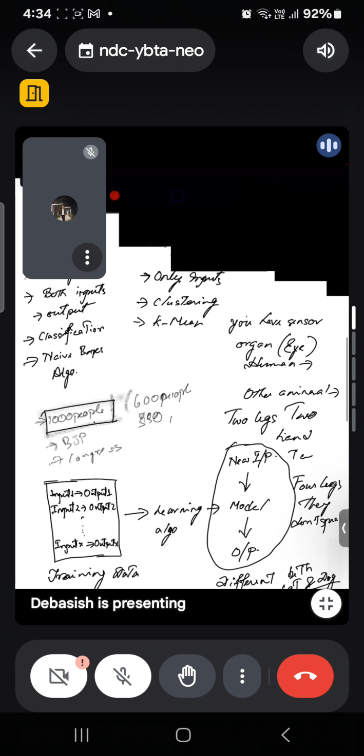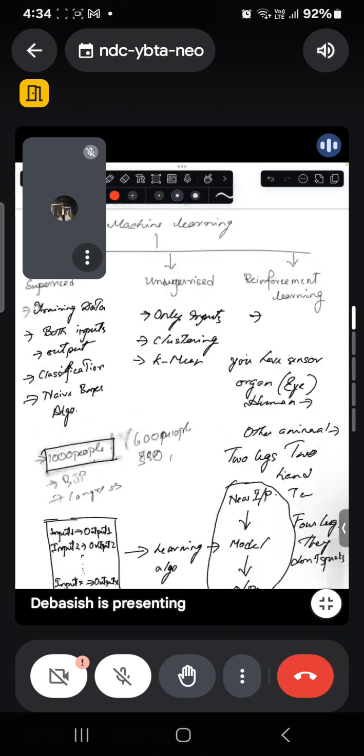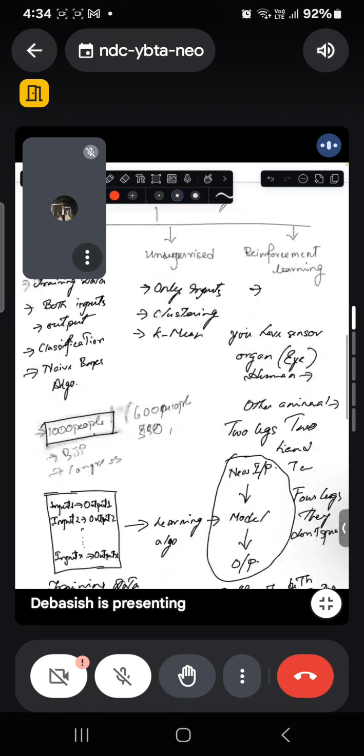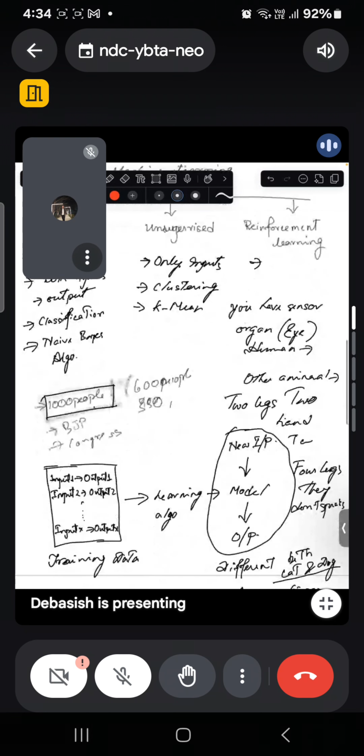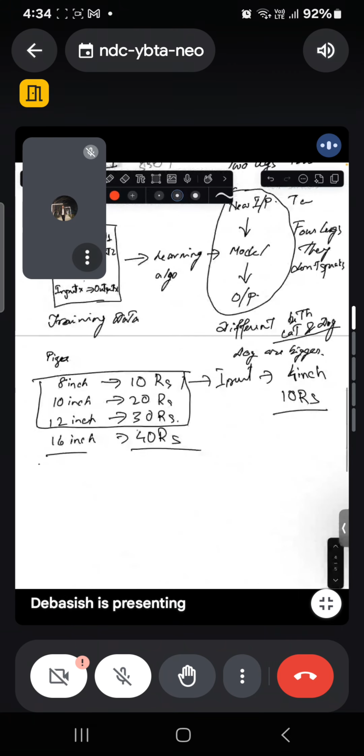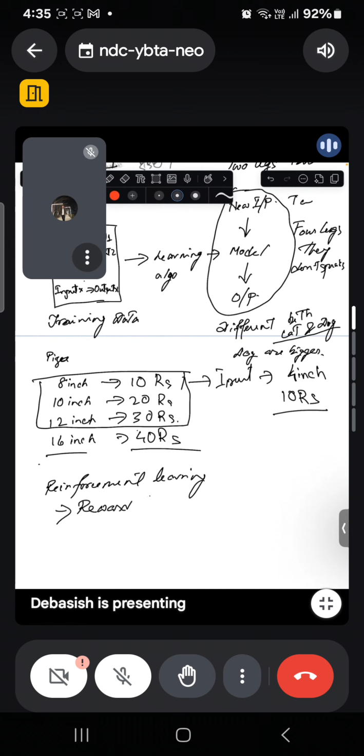Now we know about unsupervised algorithms, so now we'll learn about reinforcement learning. What is reinforcement learning? Reinforcement learning basically depends on what is also known as reward or penalty.